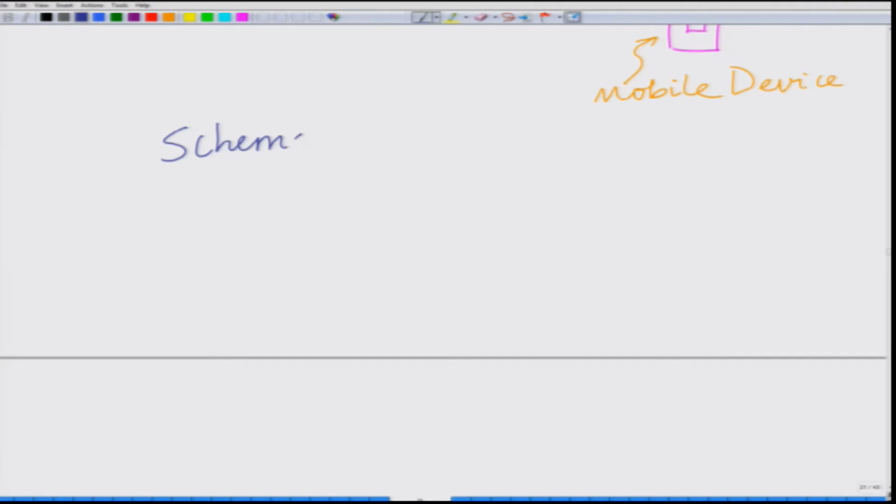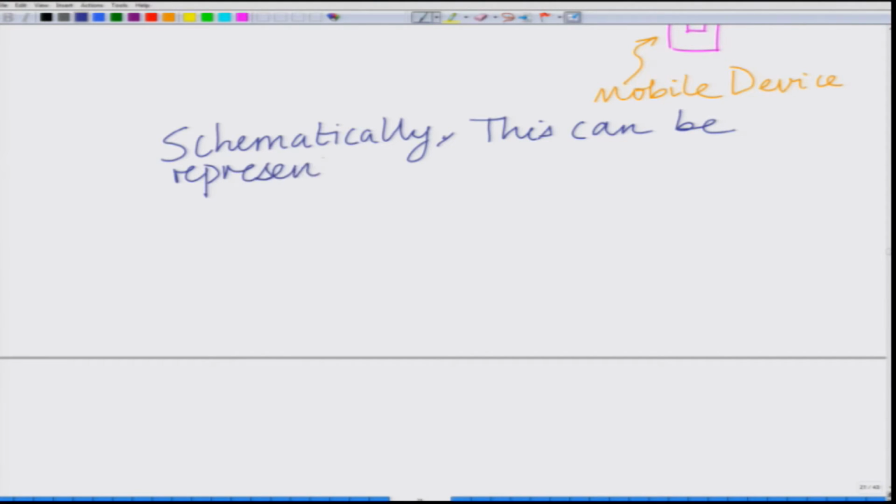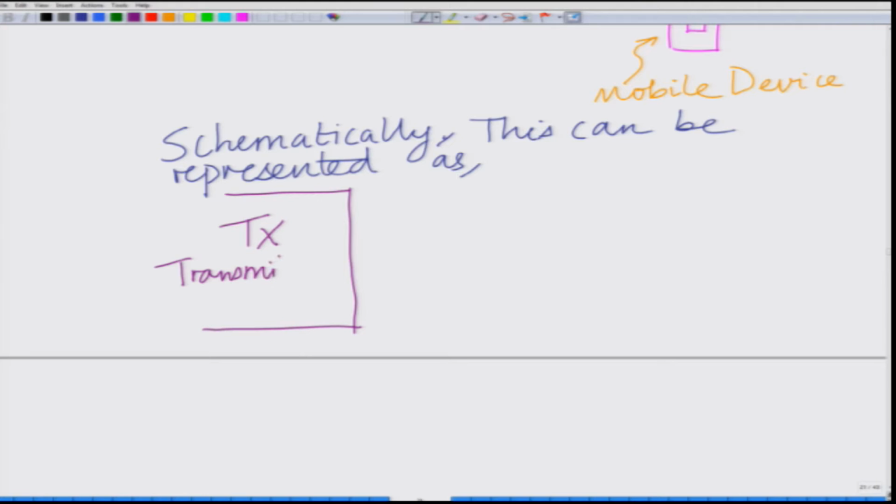Schematically, let me draw a schematic diagram. This can be represented as, let us say you have a transmitter, this is your Tx, and you have your Rx, that is the receiver.